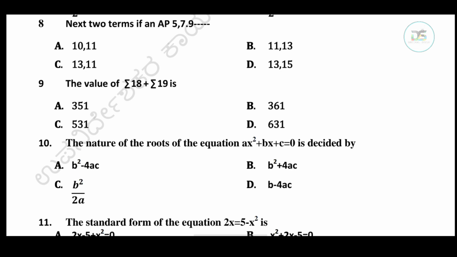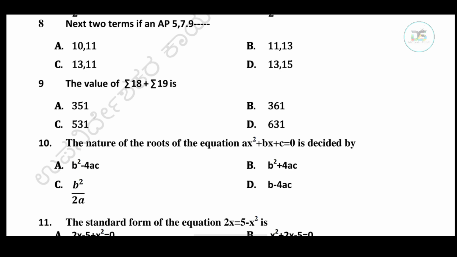Here the next term will be 9 plus 2, that is 11, and 11 plus 2 is 13. Next question. The value of sigma 18 plus sigma 19 is. The options are 351, 361, 531, 631. The right answer is option B, 361.